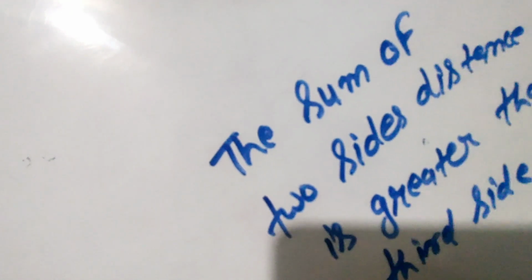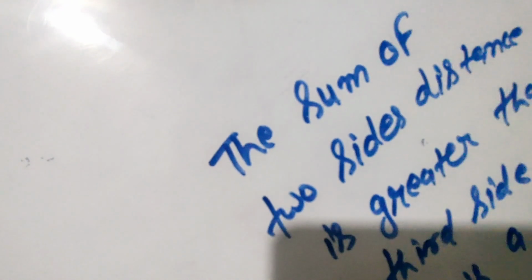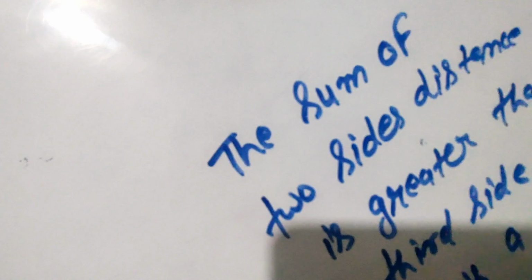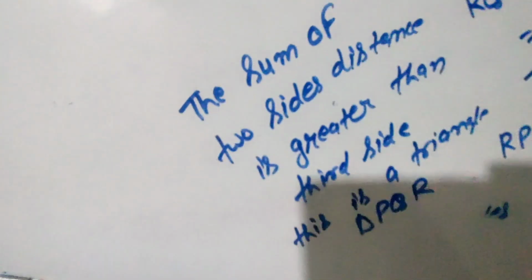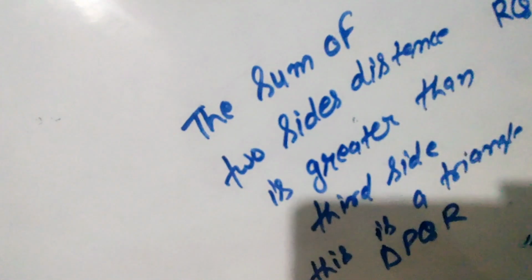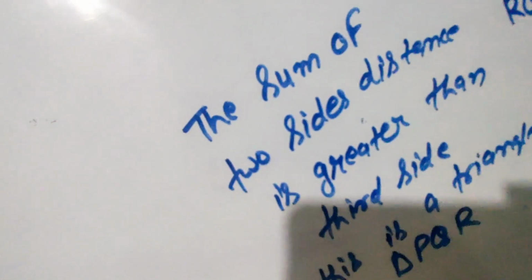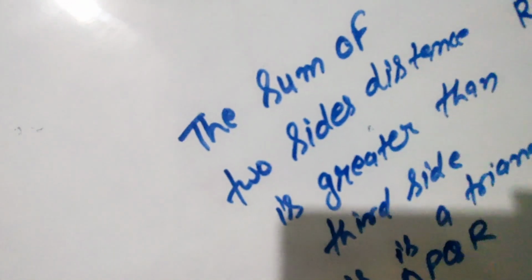Then this is a triangle. This is triangle PQR. The sum of two sides' distances is greater than the third side, so this is a triangle PQR.